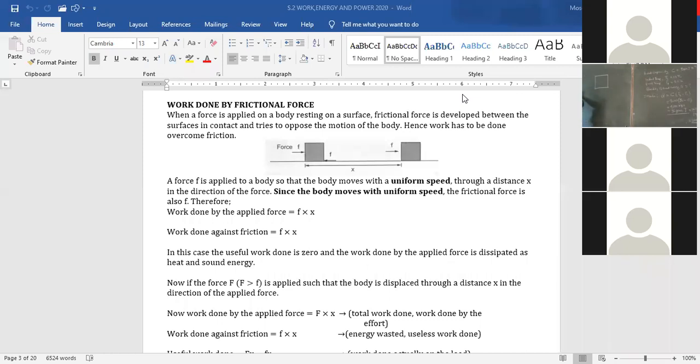Okay, there is a body resting on a surface. I'll label that as my surface. I'll apply a force, and that force is labeled as F. And the moment this body starts moving, something happens. Between the two surfaces, there is another force that comes into play.